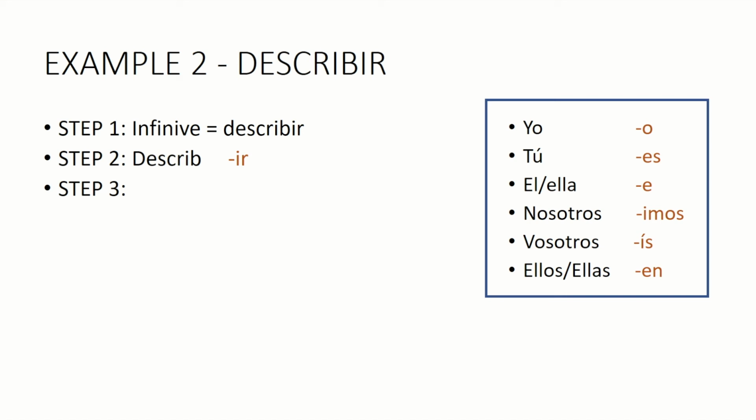So, describir. Step number 2, we drop the ending. And step number 3, add the ending from the right hand side of the screen. So I'll give you a minute.